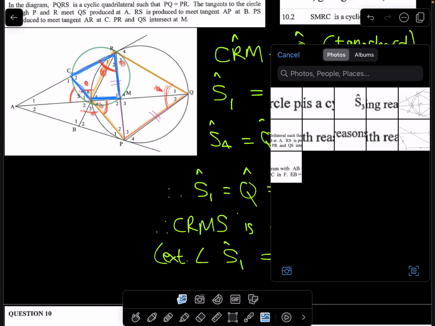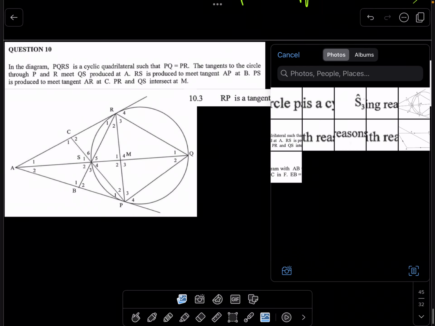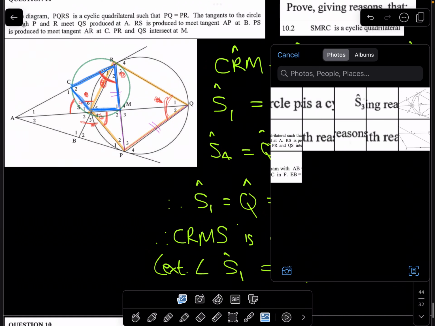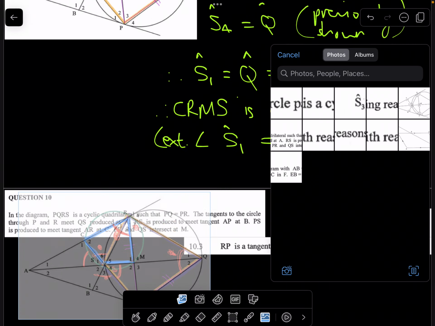Let's get rid of this blank one and take you to the future.